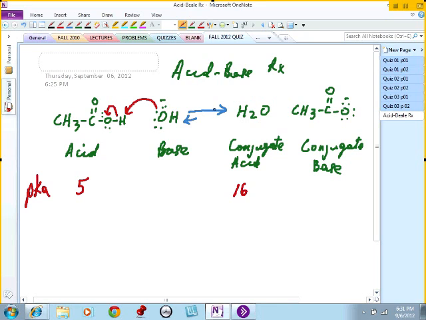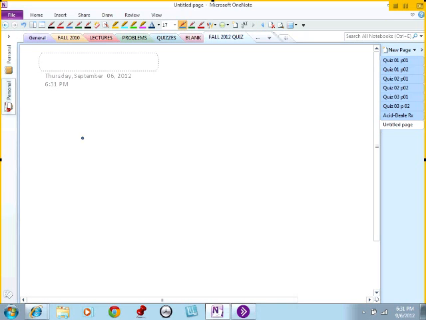Now supposing I ask you, go to another one. Supposing I give you this molecule here. The pKa value for this is about 20.